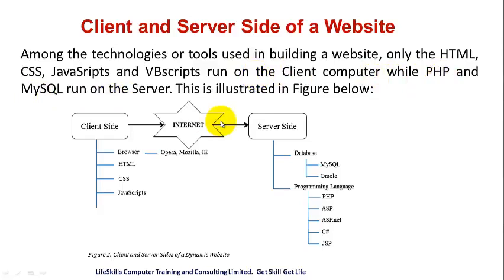Now let me explain this. If you write HTML, CSS and JavaScript, your browser can handle them. Your browser like Opera, Mozilla or Internet Explorer, IE, can handle this code and interpret it into the form that your user will see.